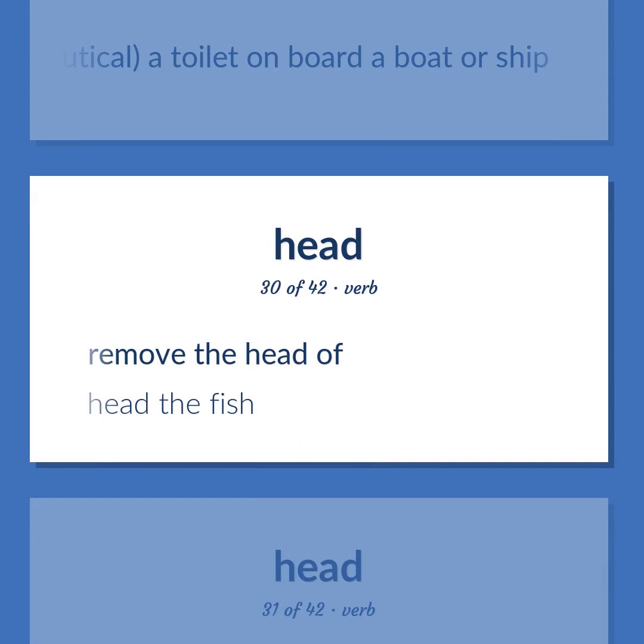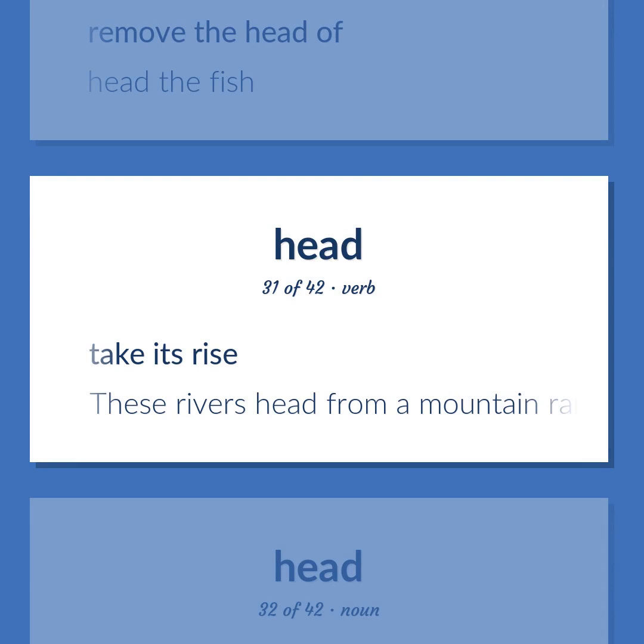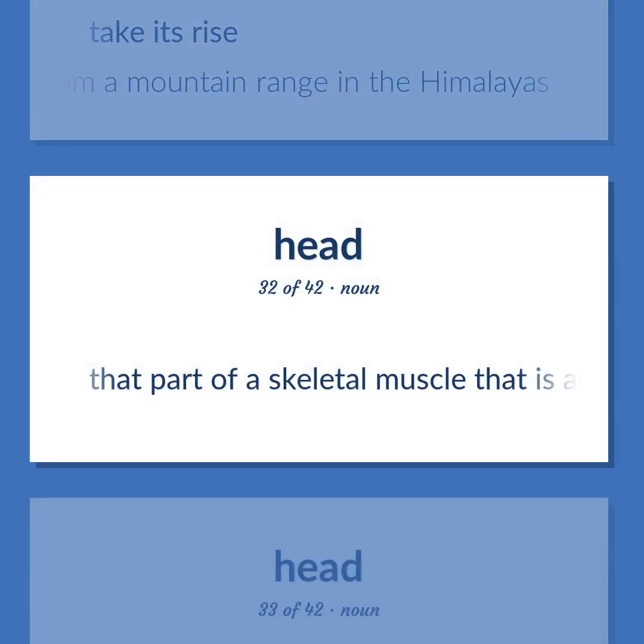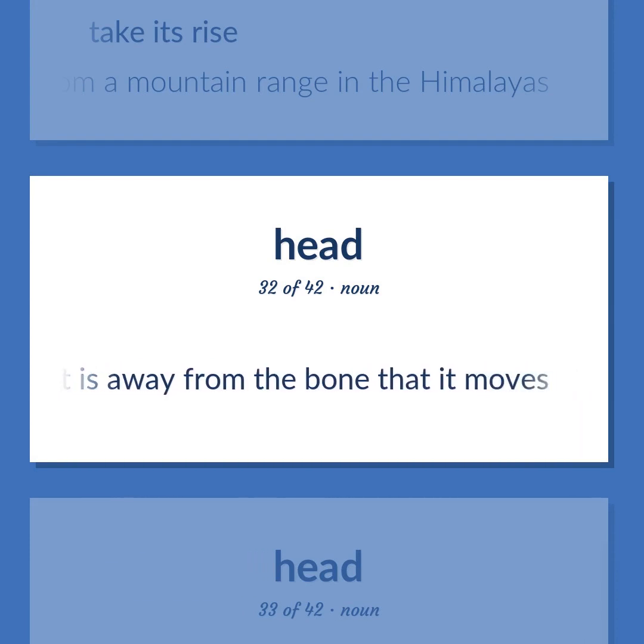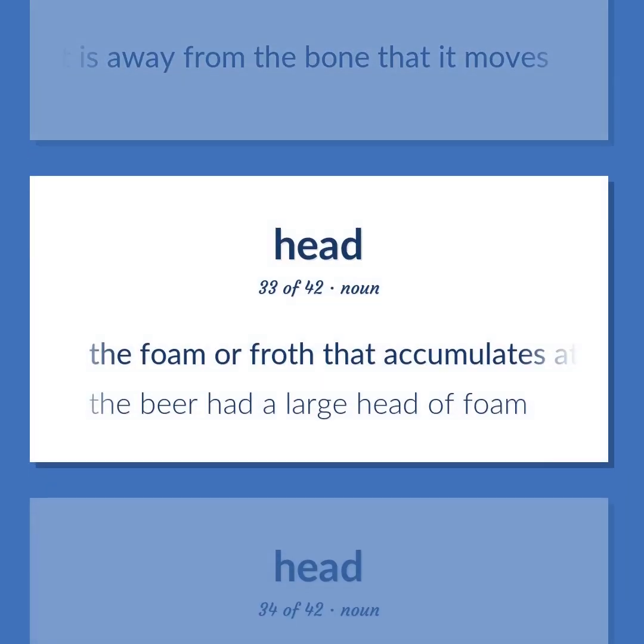Head the fish. Take its rise. These rivers head from a mountain range in the Himalayas. That part of a skeletal muscle that is away from the bone that it moves. The foam or froth that accumulates at the top when you pour an effervescent liquid into a container. The beer had a large head of foam.